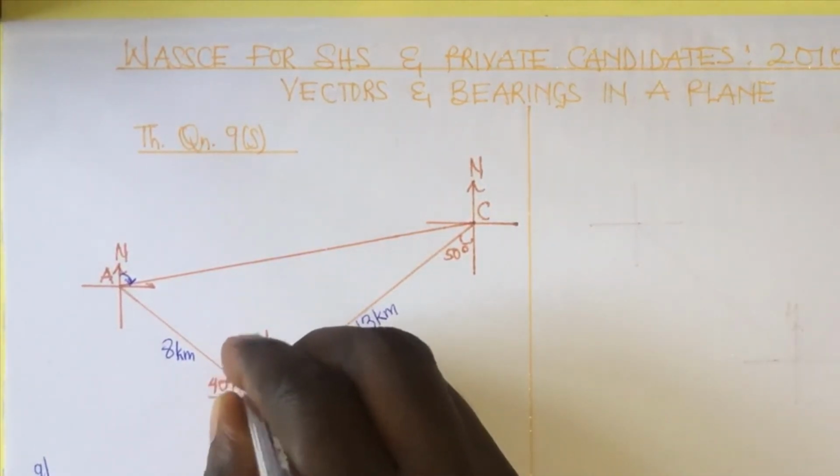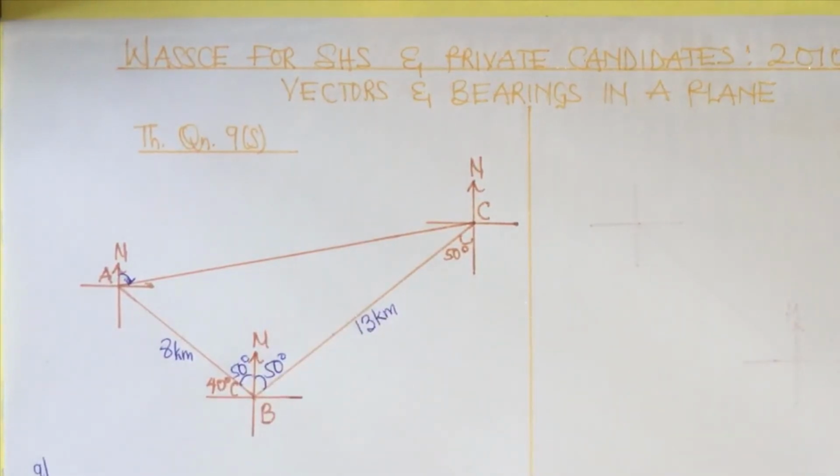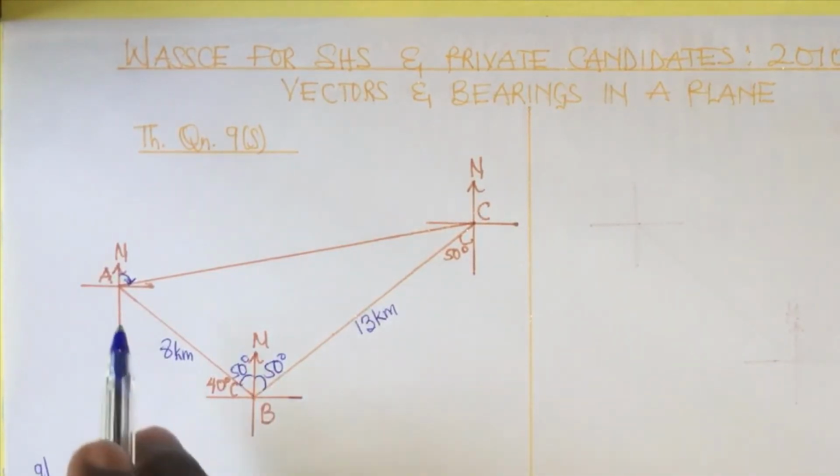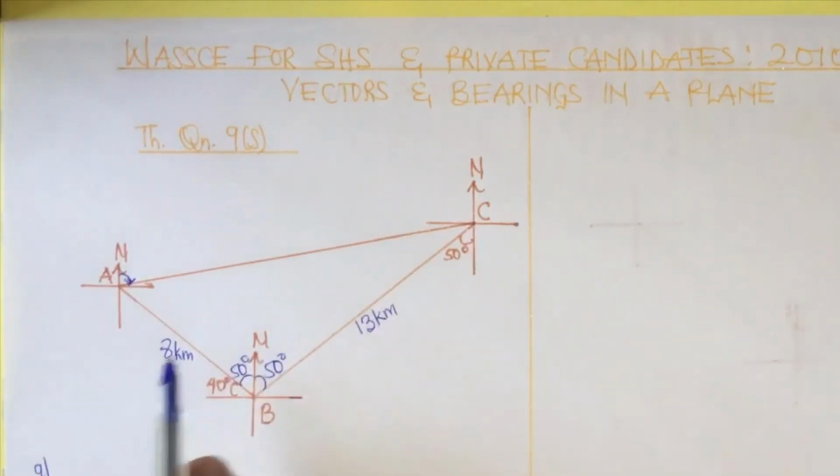So this place is 50 degrees. We know one angle 50, 50 here, which will give us 100. Then we have to find side AC. We know this side, which is AB, and the side BC.